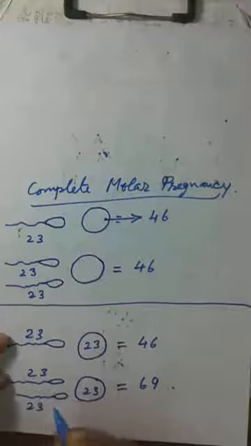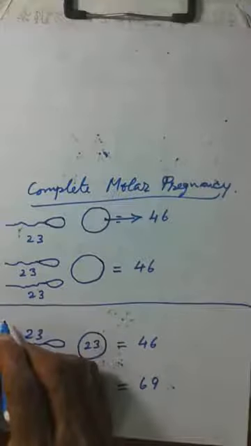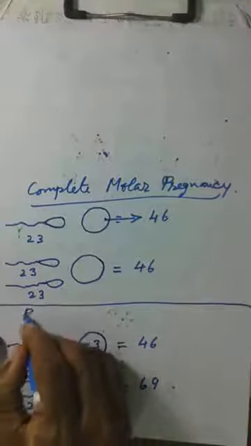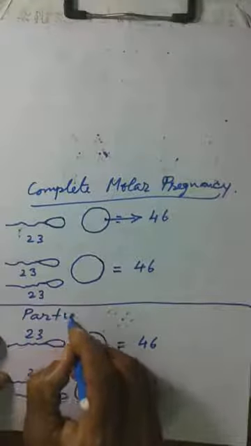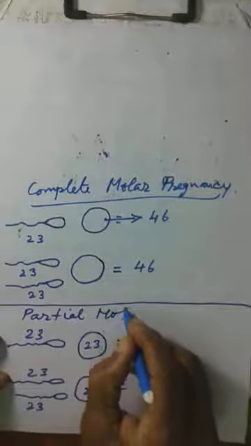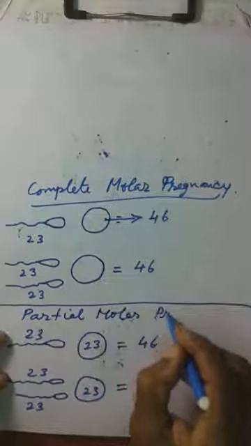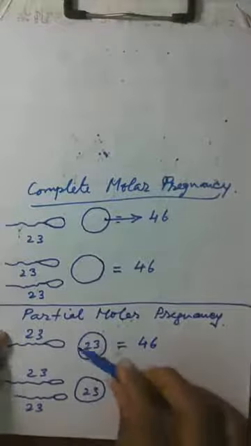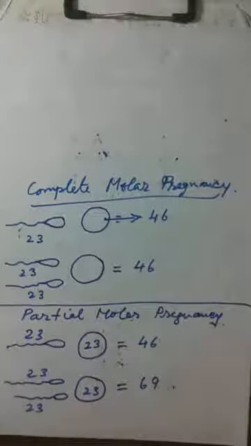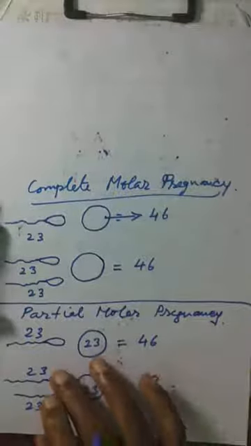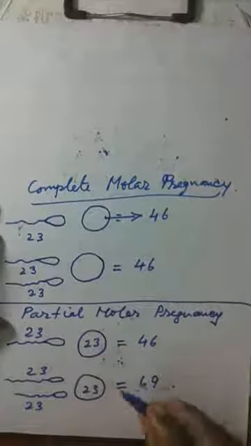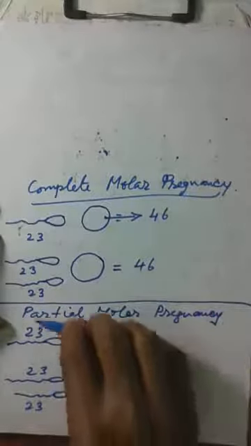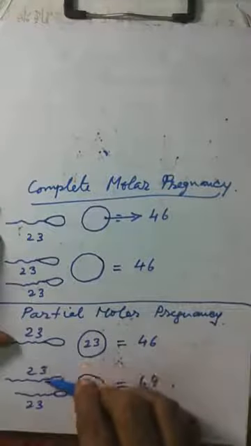So this is what is called incomplete molar pregnancy or partial molar pregnancy. In both cases there will be moles only, not the exact fetus. But the placenta will be there, but the fetus tissue will not be developed properly.